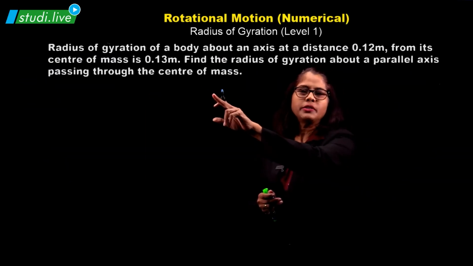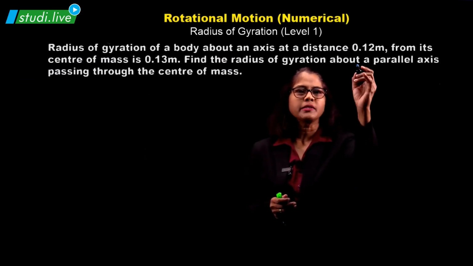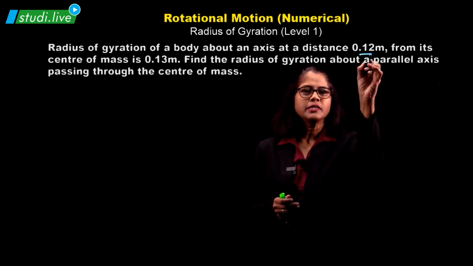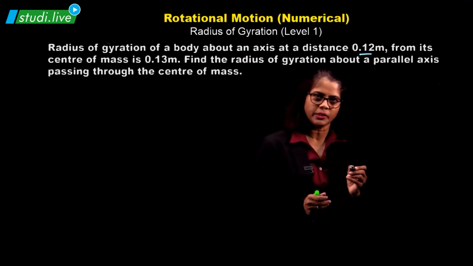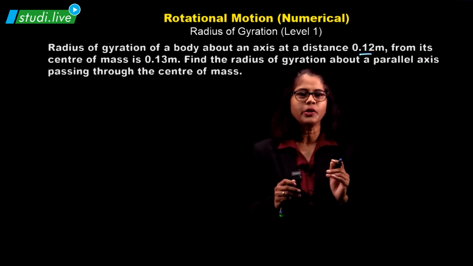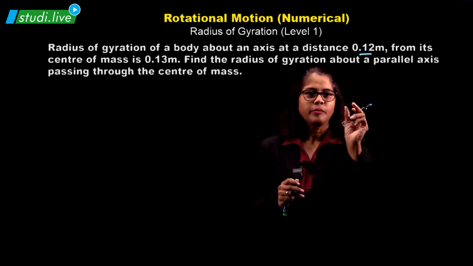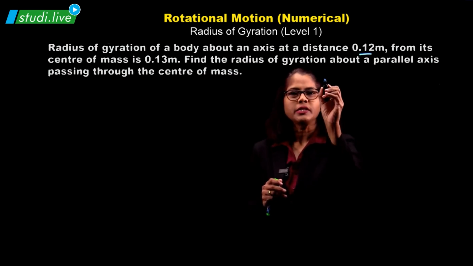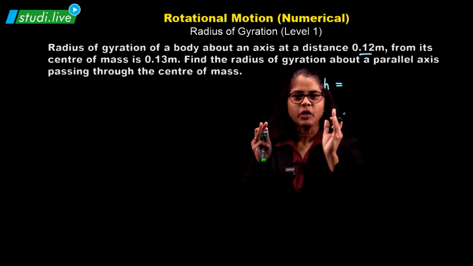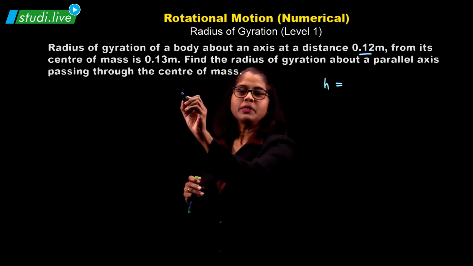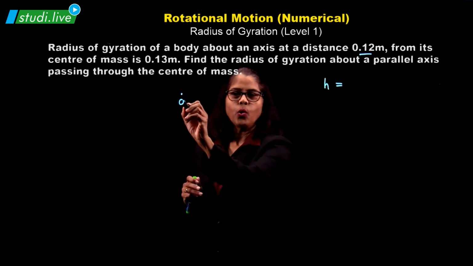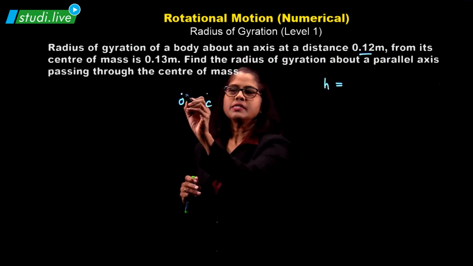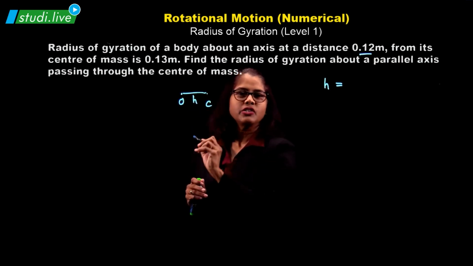As you can see the question, radius of gyration of a body about an axis at a distance is given as 0.12 meter. That means, what is this value given as? H, because it is from center of mass, and you know that H is represented, if you remember the diagram, between O and C. The distance between them is h.